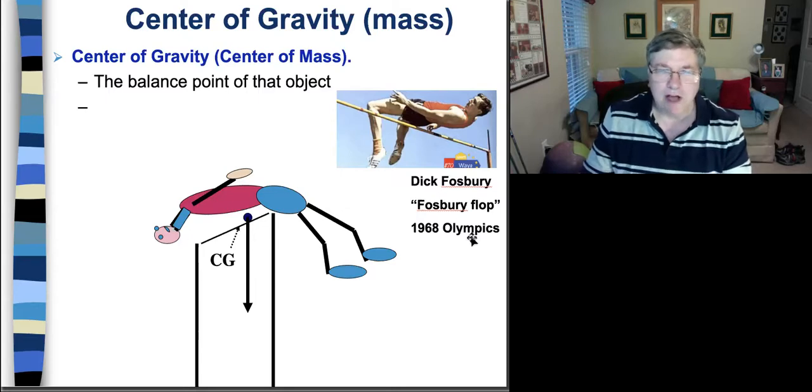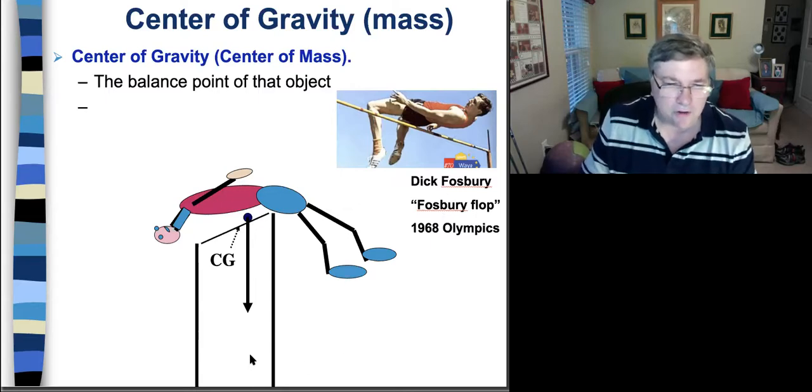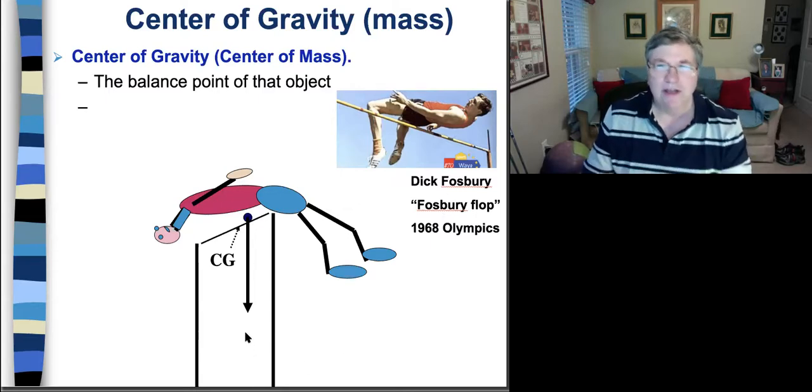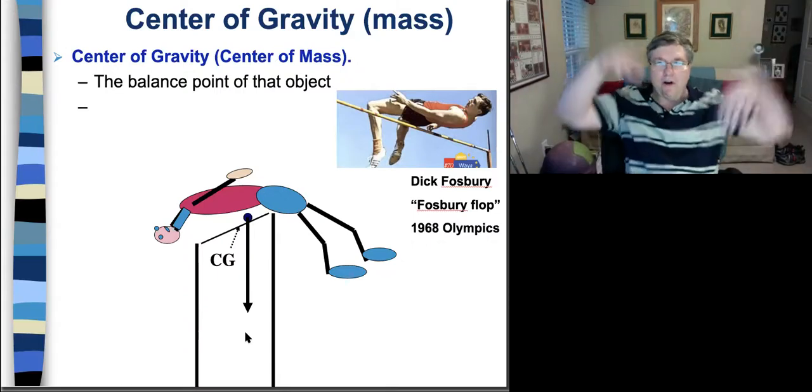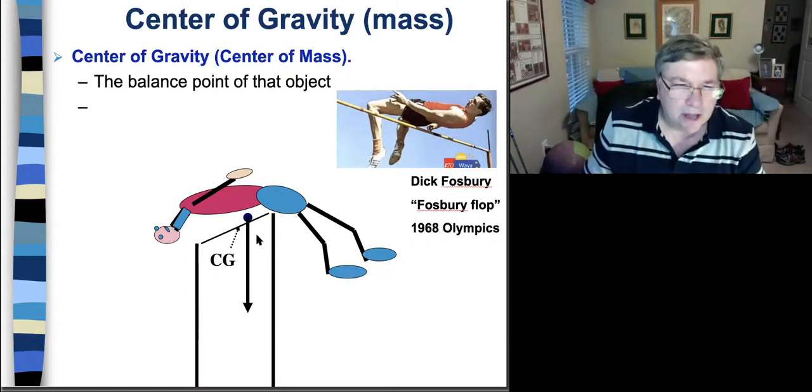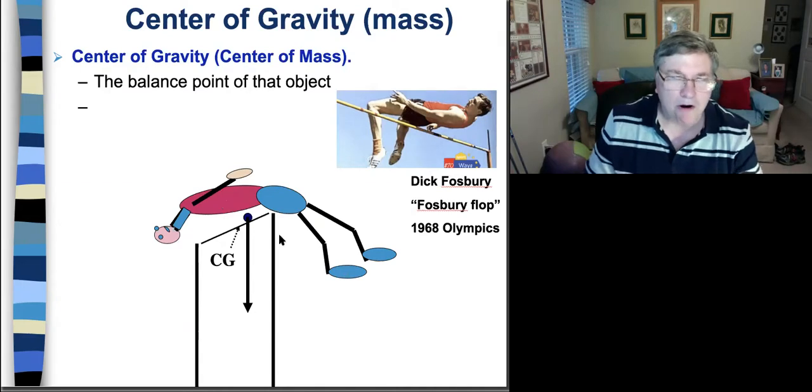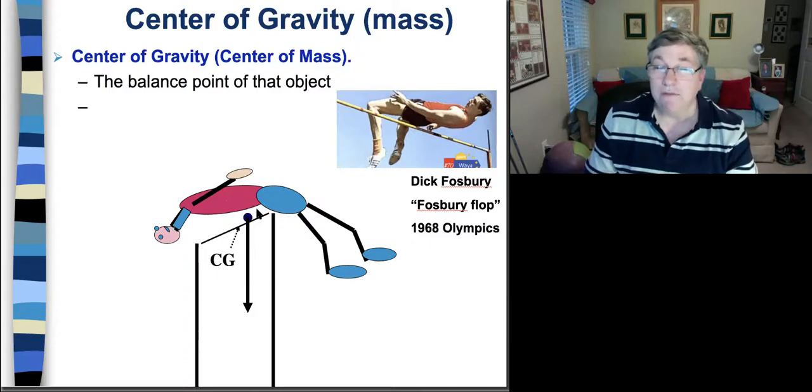So this is Dick Fosbury. He invented the so-called Fosbury Flop. The idea was that when you take off, you're going to try to raise your center of gravity as high as you can by raising your arms and one of the legs. And then when you go over the bar, you see hyperextension of the hip, flexion of the knee, and it's done so the center of gravity is at bar level, sometimes even below.